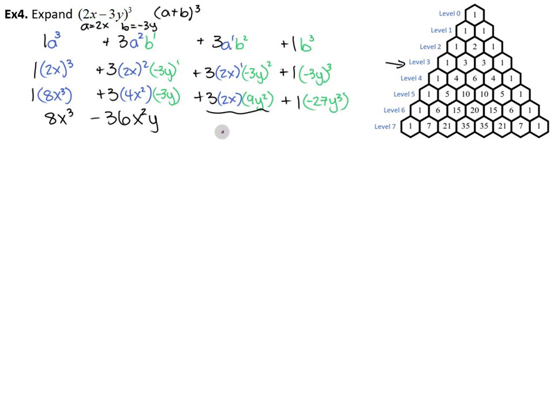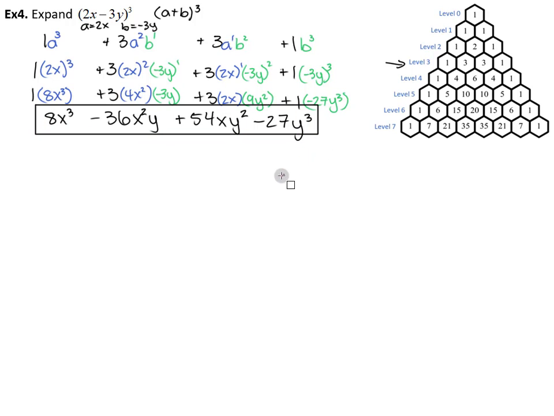Okay, for our next term, 3 times 2 is 6, times 9 is 54, positive, so plus 54x to the first y squared. And 1 times negative 27 is negative 27y cubed. And this is our answer. That thing times itself 3 times.